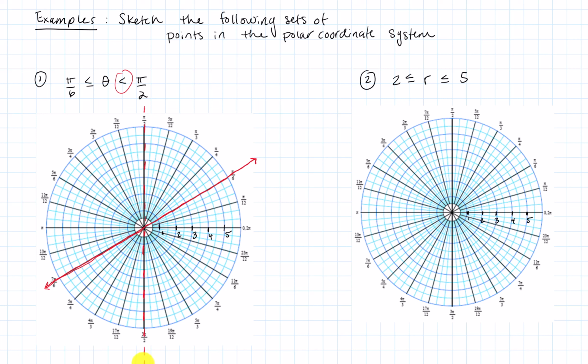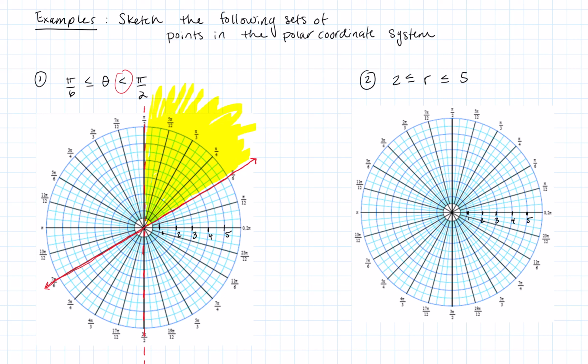Now, we want to include everything that is greater than or equal to pi over 6 and less than pi over 2. So we want to include everything between these two rays, all of the polar points that are between these two rays. So they're going to be in here. I'm going to try to shade this as best I can with a highlighter here on the notebook. And it's going to bump right up to those two rays and include the pi over 6 ray, but not include the pi over 2 ray.